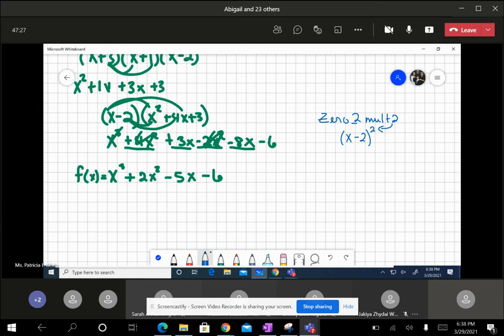That multiplicity puts an exponent on your binomial. And then I have a 0 of negative 2 with a multiplicity of 2. So again, now I'm going to have x plus 2 squared, right? Foiling it out and you will get to your polynomial.